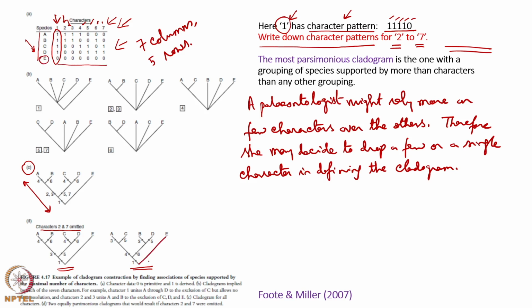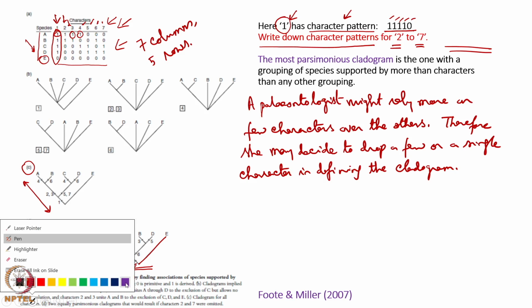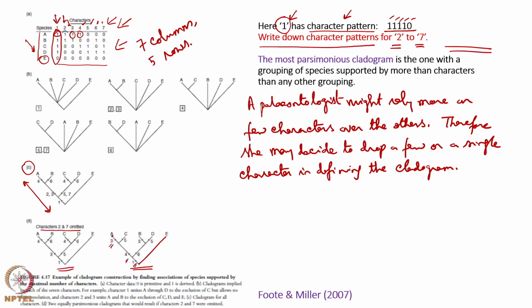So, I have drawn it like that, and species A has got these characters 1, 4 and 3. What happened to characters 2 and 7? As I told just now, character 2 has been dropped. So, this one is not counted anywhere and we do not see 2 and 7 anywhere in the edges.